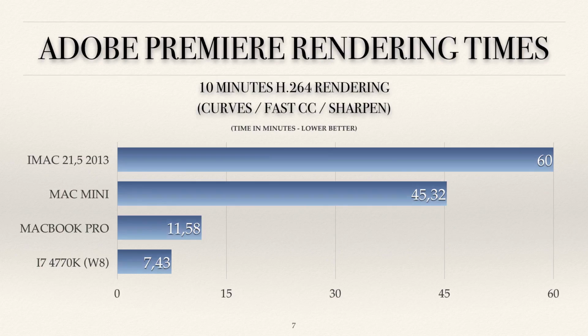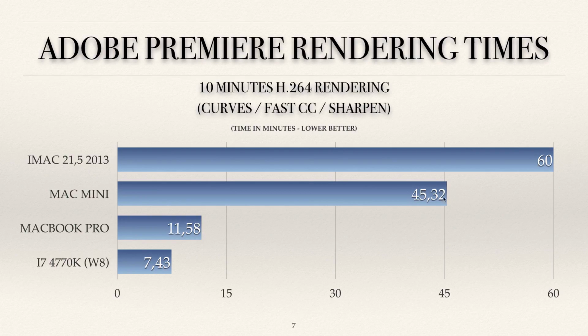Because of the GPU. The GPU, in this case the GTX 760, will handle these effects, so the CPU will not be overloaded, as opposed to the iMac and the Mac Mini. They get really intensive tasks to do on the CPU, and this one being a quad-core i5, this one being a quad-core i7, which has 8 threads, will take a little bit less time, even though the experience is not good.